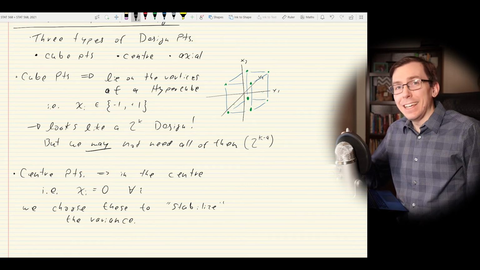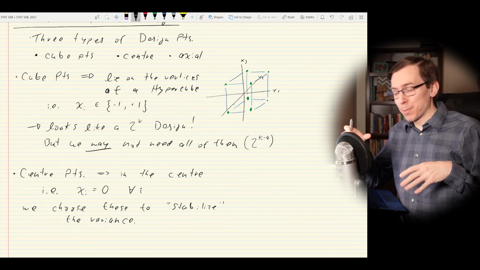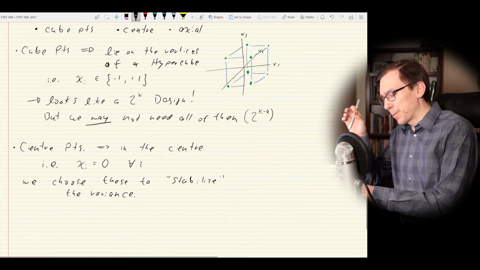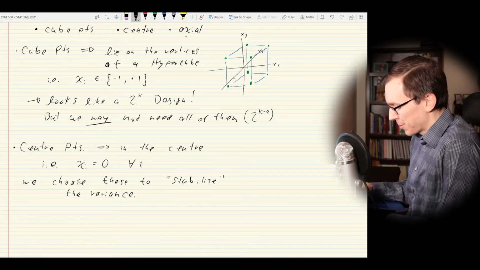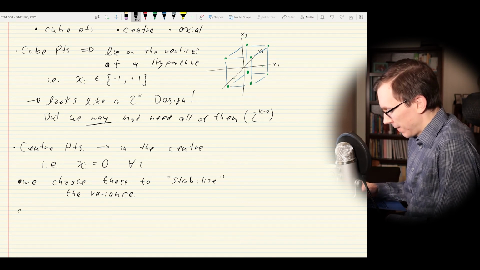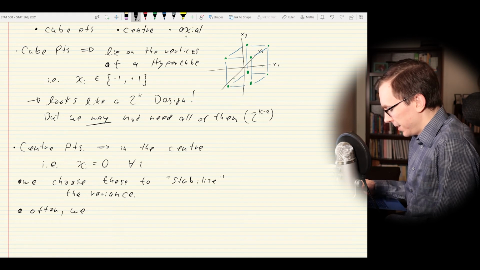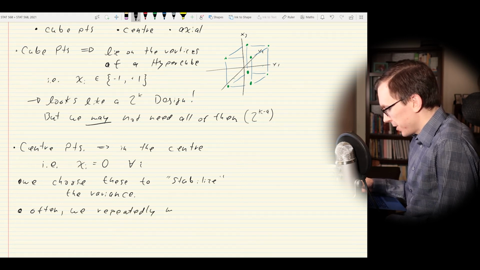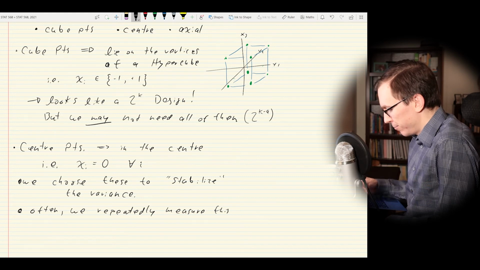What we'll see is that we need to choose center points, and I say center points because that's another thing I should point out. Often we repeatedly measure this point.